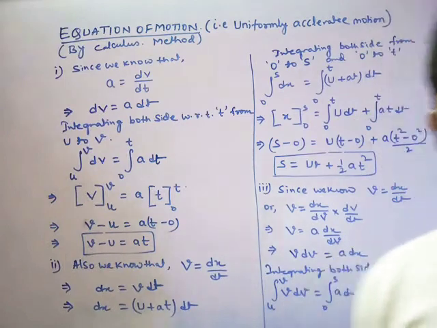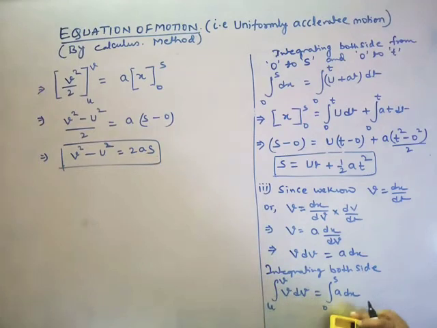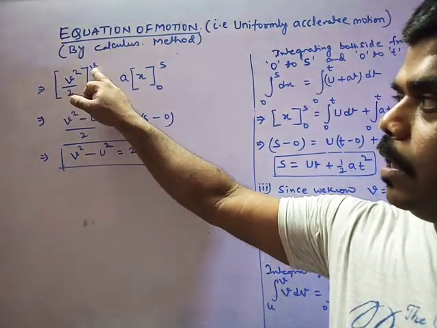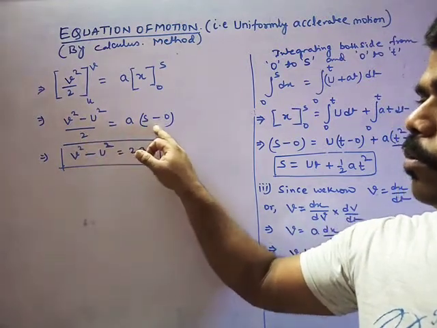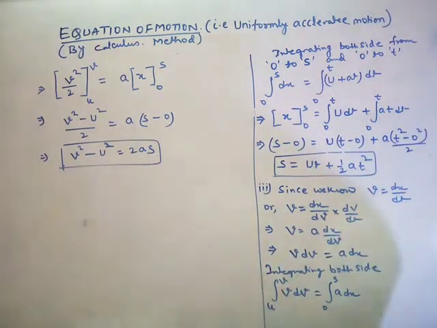Students, you can check after integrating both sides: this is v dv, so it becomes v square by 2, equal to a dx, x is your variable, so a becomes the constant, take it outside. With upper and lower limits, v square minus u square by 2, so 2as comes. Is it right? So this is another, the third equation of motion.